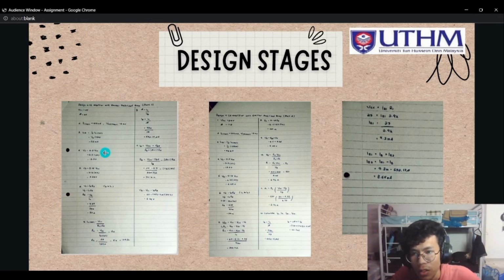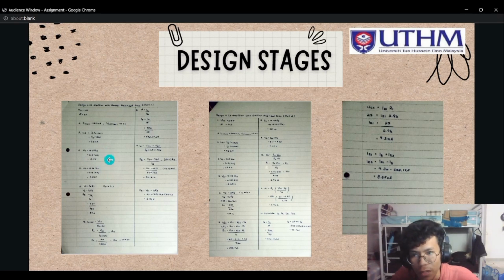VC is 0.5 VCC, so the total of VC is 13.54 volt, and VE is 0.15 VCC, so the total of VE is 4.05 volt.